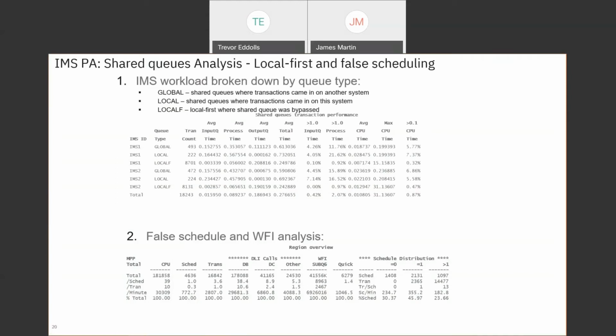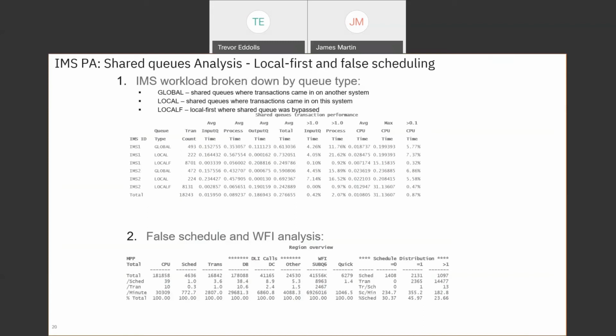And we also have global queues where we're sharing transactions across multiple systems in some cases. So understanding how many transactions and how much processing time is being used in each one of those queue types can be very useful to understand how our shared queues environment is working.